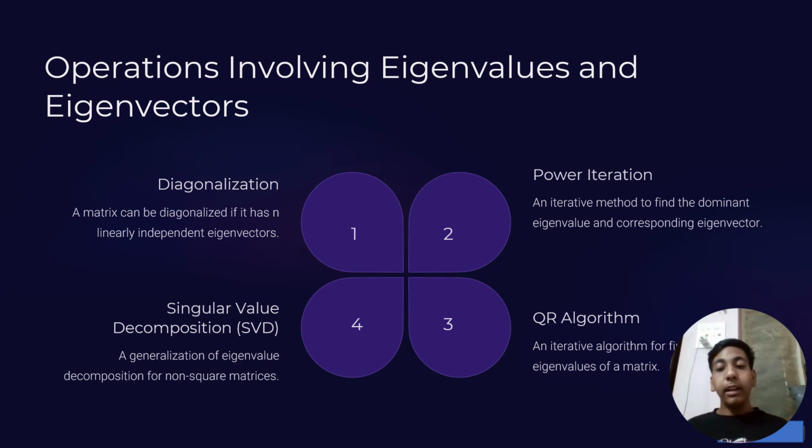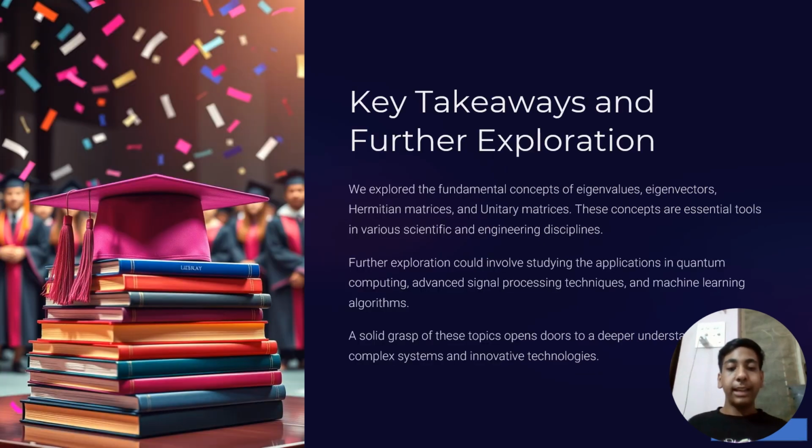Power iteration is an iterative method to find the dominant eigenvalue and corresponding eigenvector. Singular value decomposition, SVD, is the generalization of eigenvalue decomposition for non-square matrices. Last is the QR algorithm, an iterative algorithm for finding eigenvalues of a matrix.